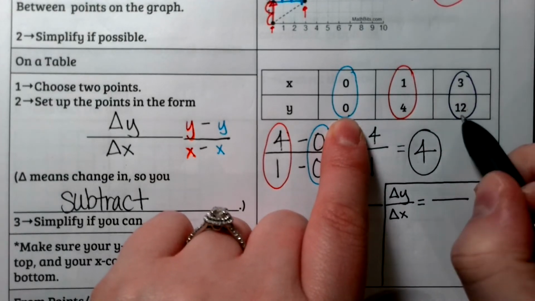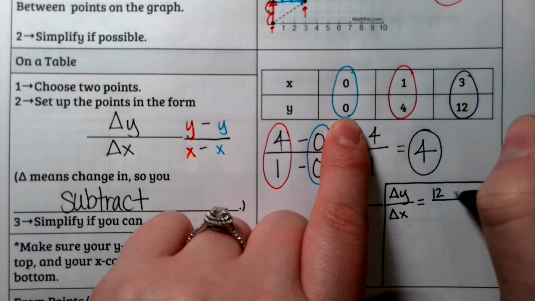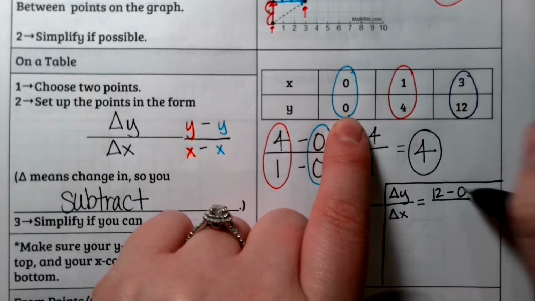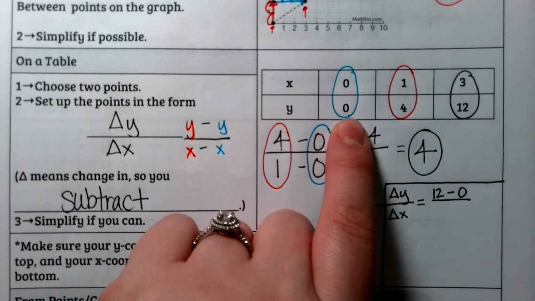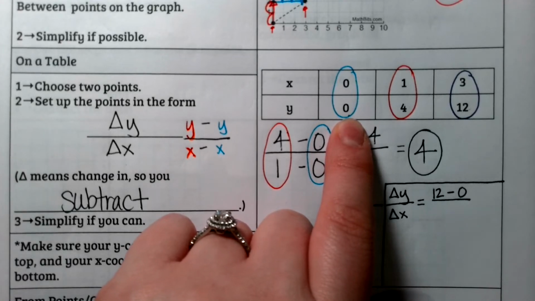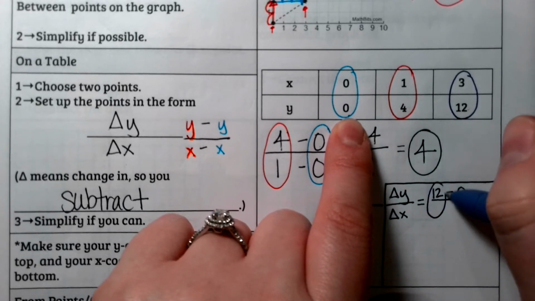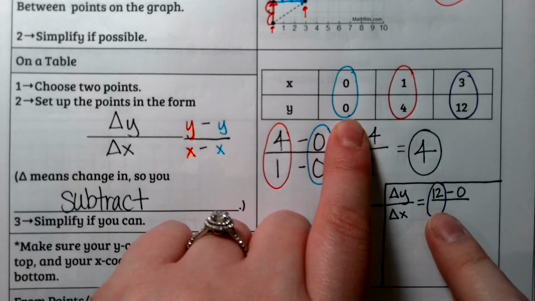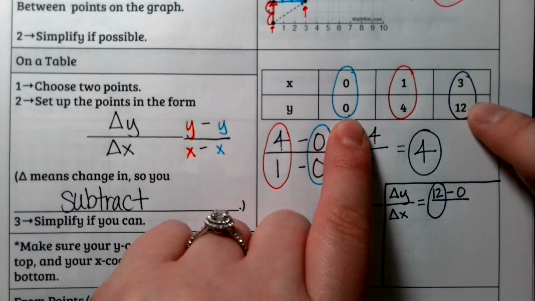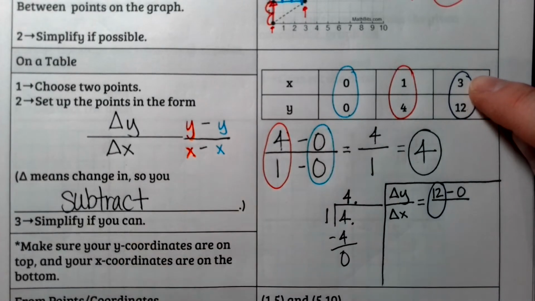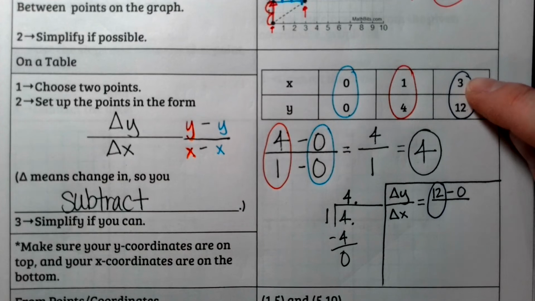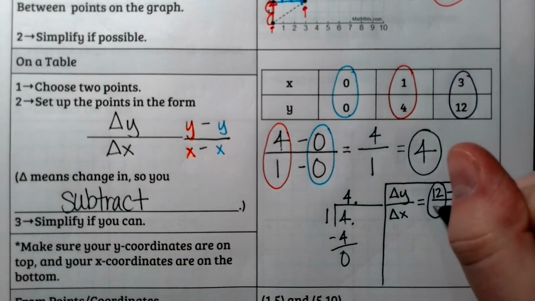So I want to do 12 first, minus 0. And then remember, whatever y comes first, its x has to come first. 12 was my first y, so that means my first x has to be 3.